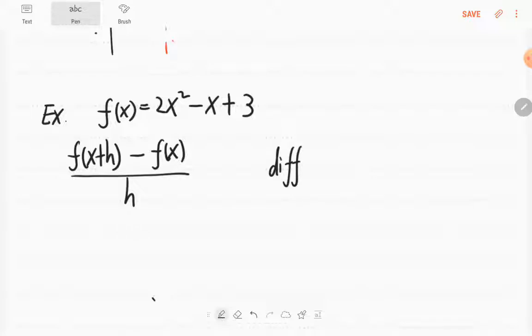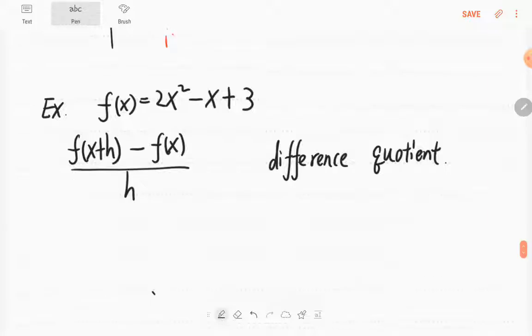When you study calculus, you will see this one a lot. The top is the difference of f values for the different inputs. The denominator is the difference of the inputs, because x plus h minus x is equal to h. So this is called the difference quotient.